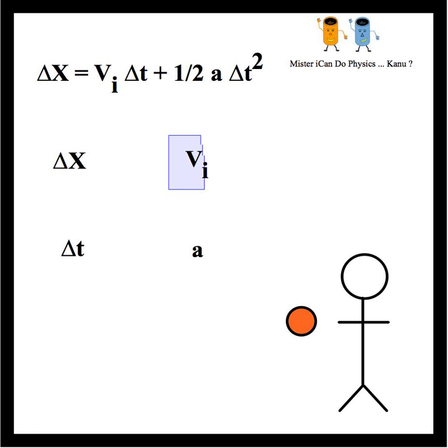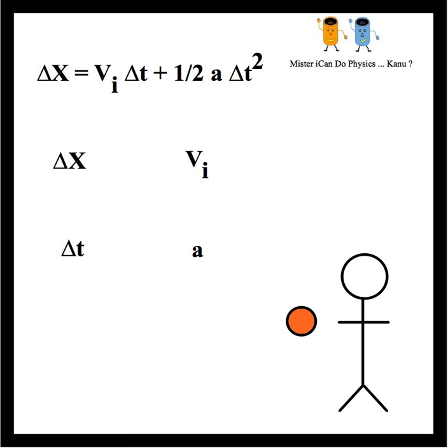We might have to find our initial velocity when we know the displacement, the time it was in flight, and the acceleration. We might have to find what the acceleration is when we know the initial velocity and the displacement. And finally, we might have to find the time it was in flight when we know its displacement, its initial velocity, and its acceleration.